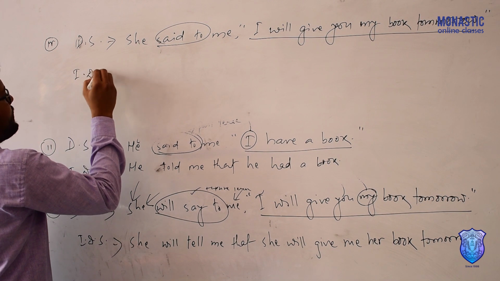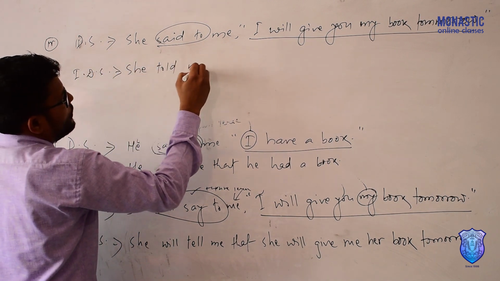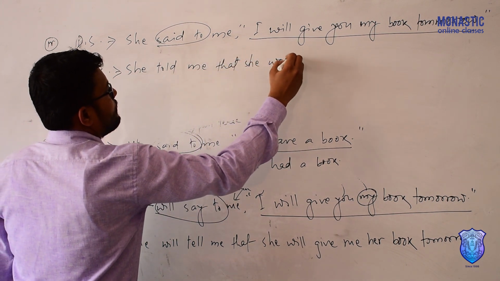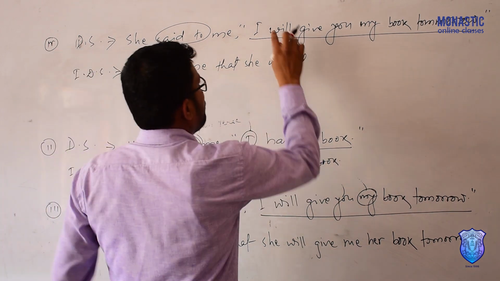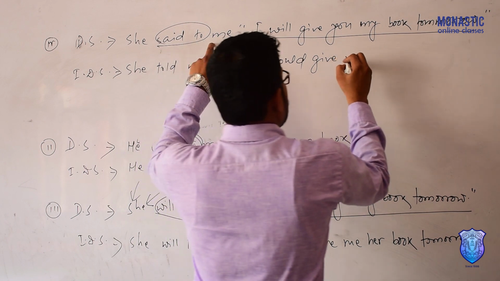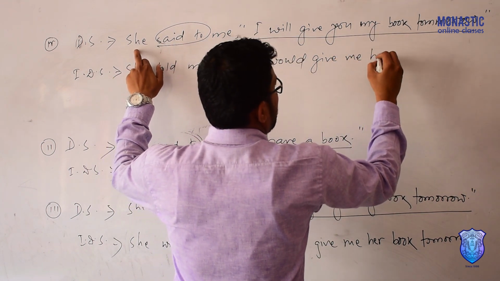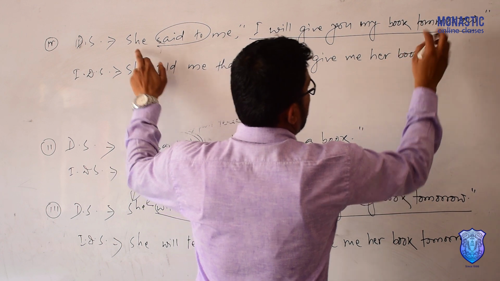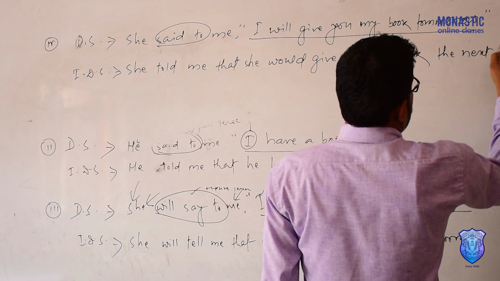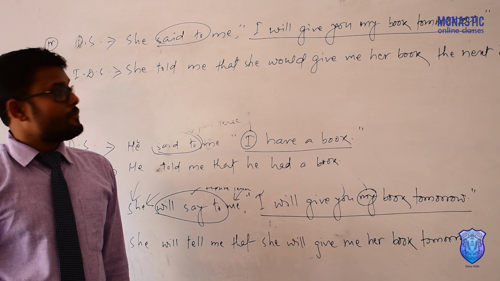And at the moment it becomes, she told me that she would give you, we should say it would give, according to me, "you" becomes "me", "my" should be changed according to "she", "her book", and "tomorrow" should change into "the next day" or "the day after", like that.